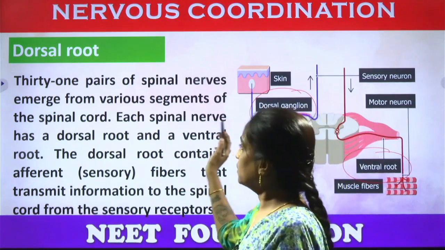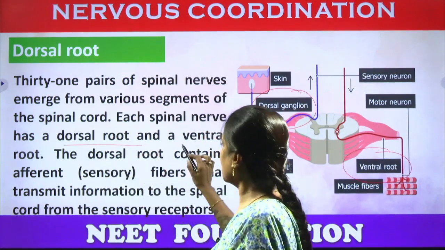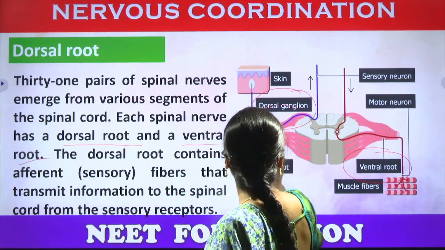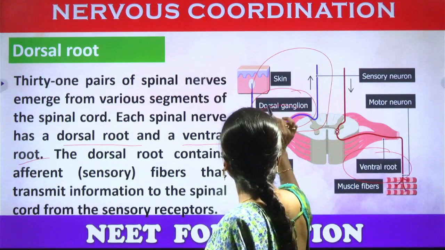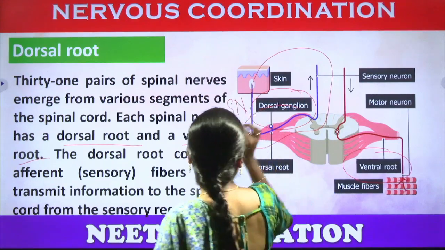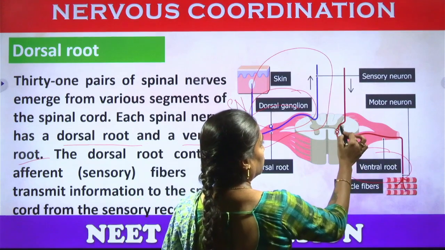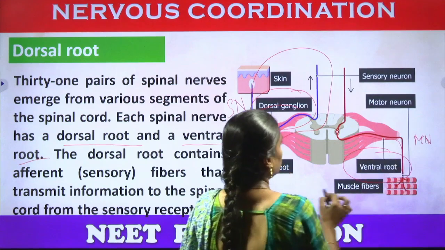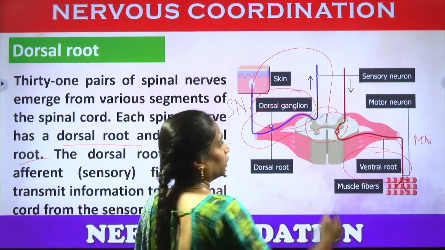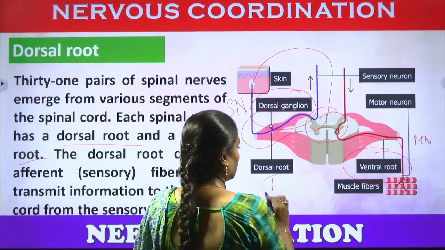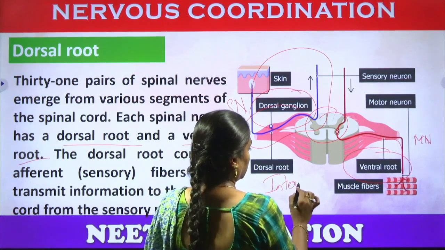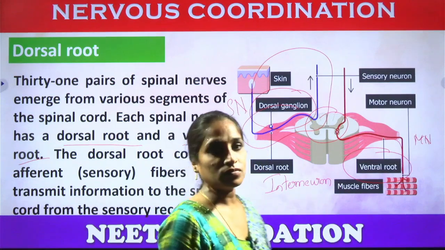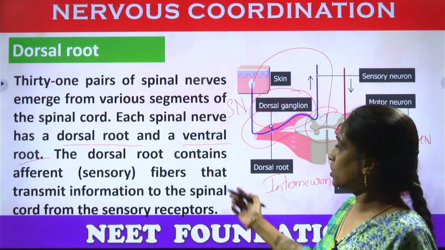Each spinal nerve has a dorsal root and a ventral root. That is what the picture also indicates. The blue nerve indicates the sensory neuron, and the nerve arising in the ventral root is the motor neuron. In between we can observe a kind of neuron called an interneuron, or also an associative neuron, right? Next, what is the function of this?